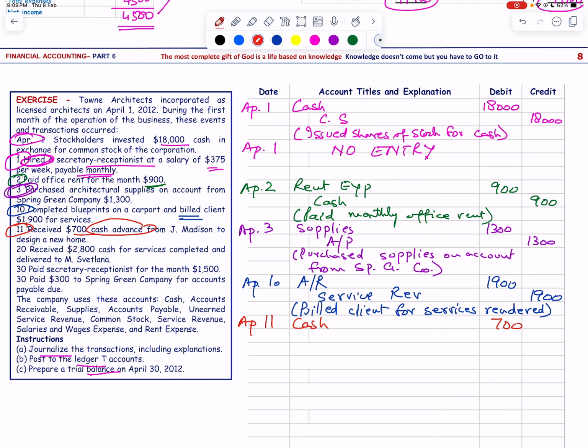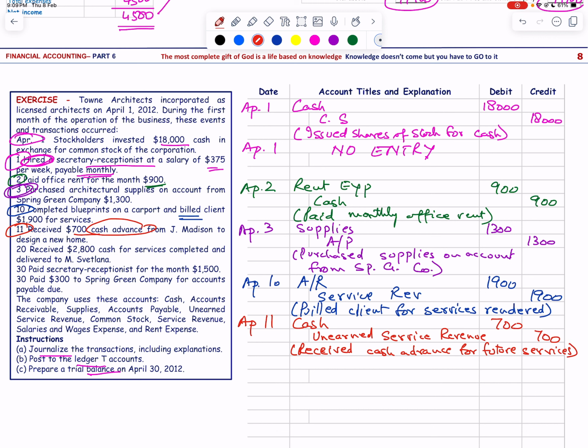So this is unearned service revenue, 700. Received cash advance for future services.